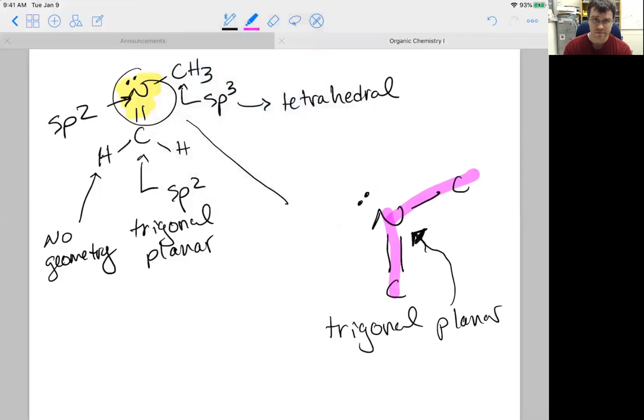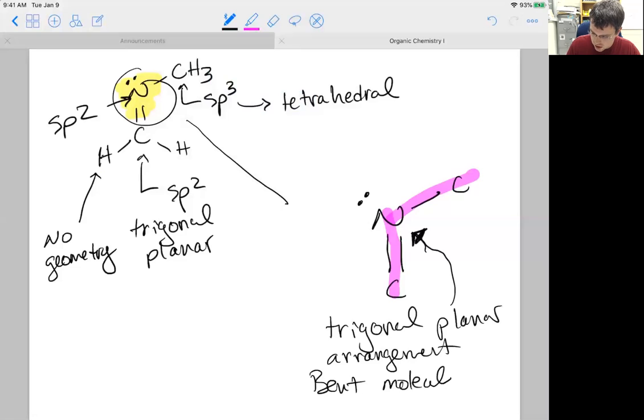It's not linear. It looks like any other kind of three data points. They form a plane, but they don't form a straight line. Instead, what we have is a trigonal planar arrangement with a bent molecular geometry.